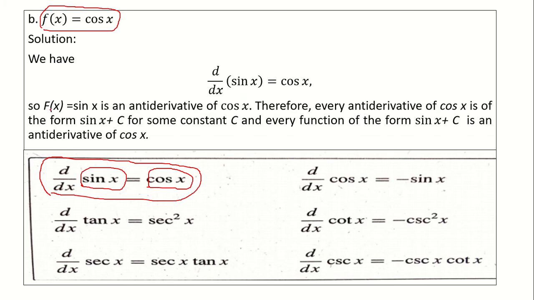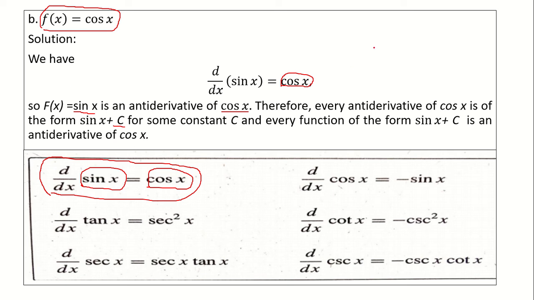So, capital F of x is equal to sine x is an antiderivative of cosine x, kasi kapag kinuha natin yung derivative ng sine x, ang lalabas ay cosine x. Therefore, every antiderivative of cosine x is of the form sine x plus c for some constant c, and every function of the form sine x plus c is an antiderivative of cosine x.